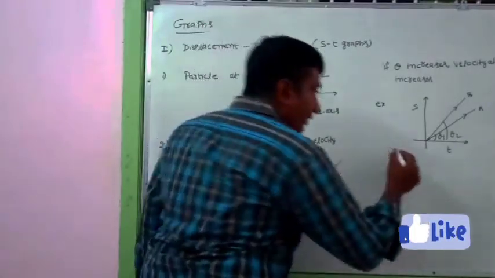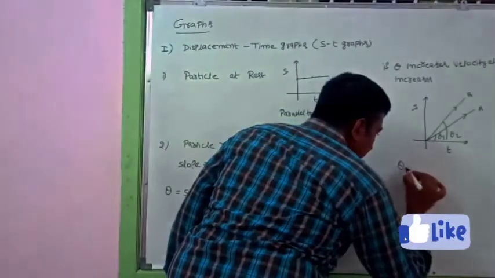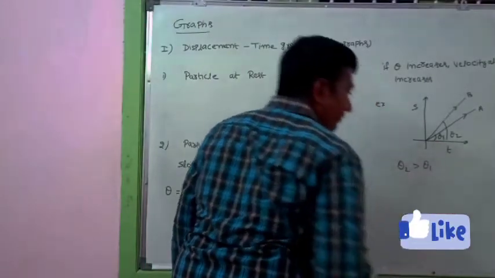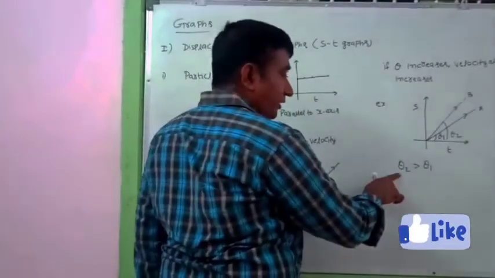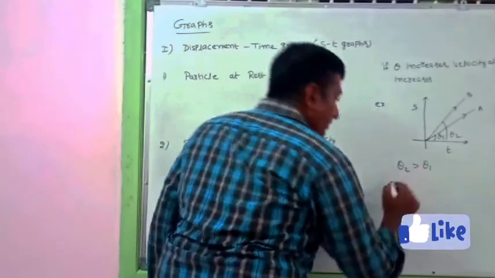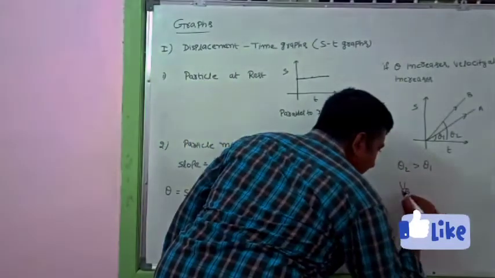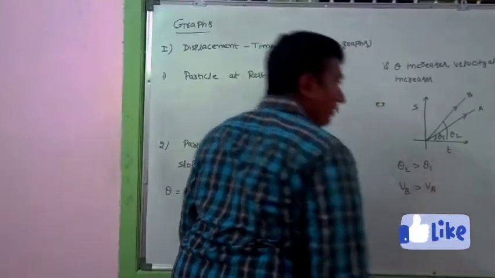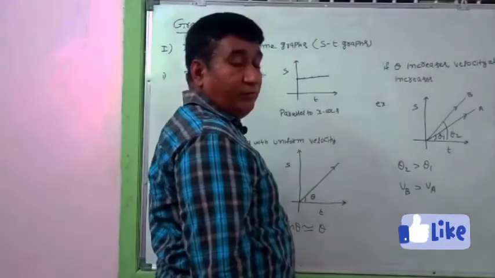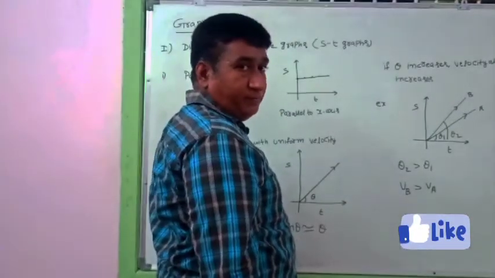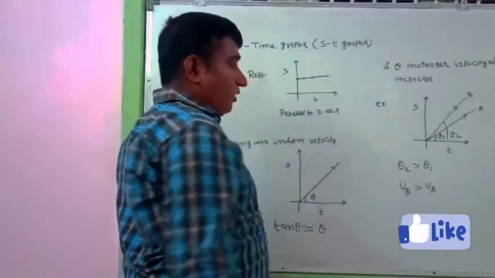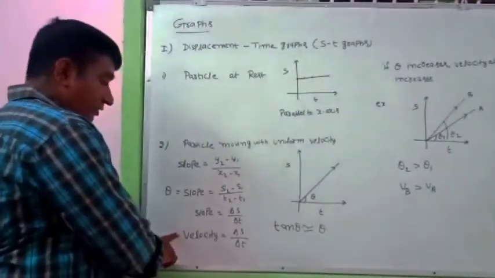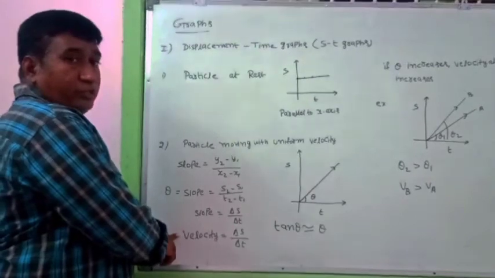How can we tell? Here we can tell that theta 2 is greater than theta 1. Whenever theta 2 is greater than theta 1, that means velocity of B is greater than velocity of car A. In a simple manner, we can prove it like this. So this is a small example. This is very important while doing numericals.